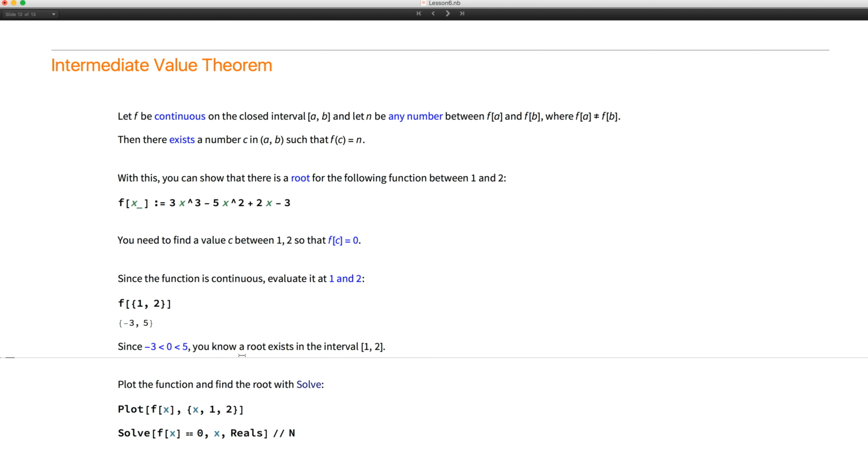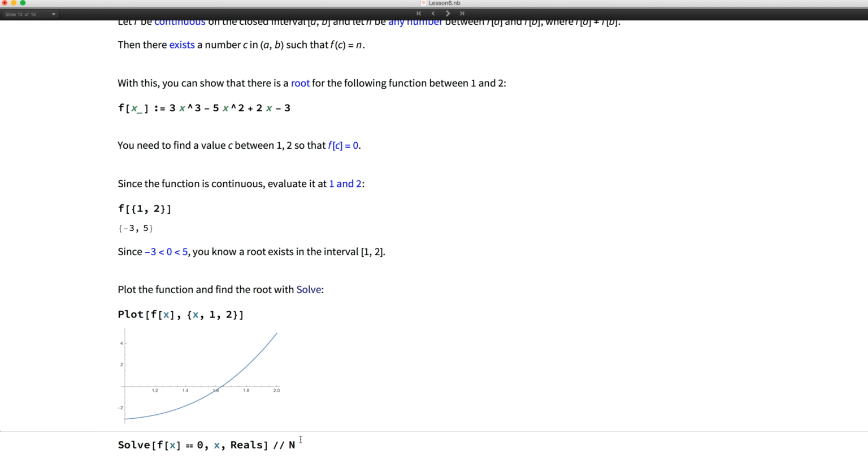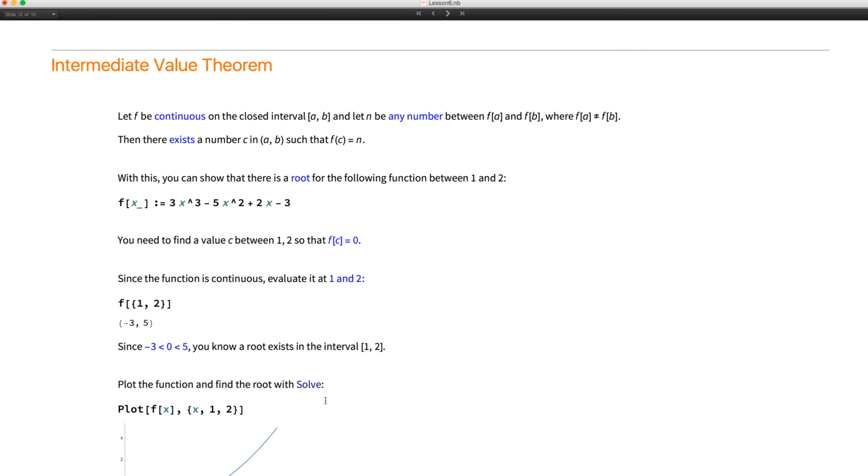So using the intermediate value theorem, you can now check by the plot or by solve that in fact there is actually a root. And that root in this case is about 1.63334. So people who try and solve equations will often apply this theorem to try and find a root of a function. So that's a very powerful application of continuity. It's not just a theoretical concept, it's a very powerful practical concept.